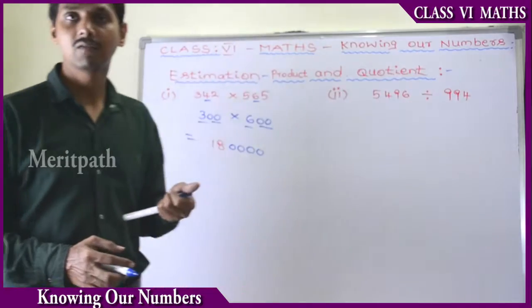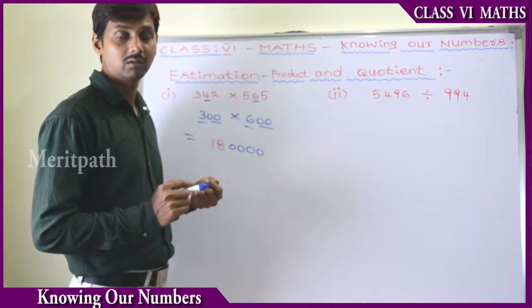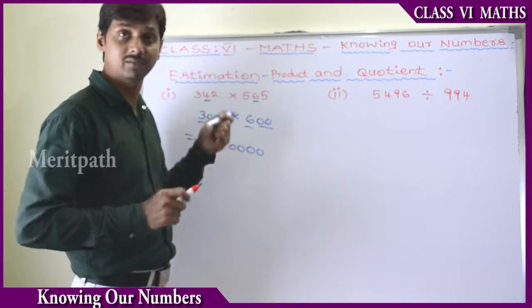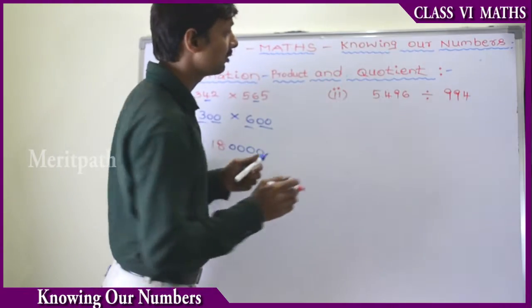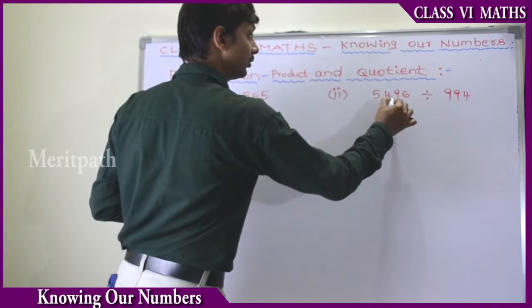So let's see, when we divide two numbers, what is the estimation? We'll estimate this quotient. Let's round these numbers to hundreds.